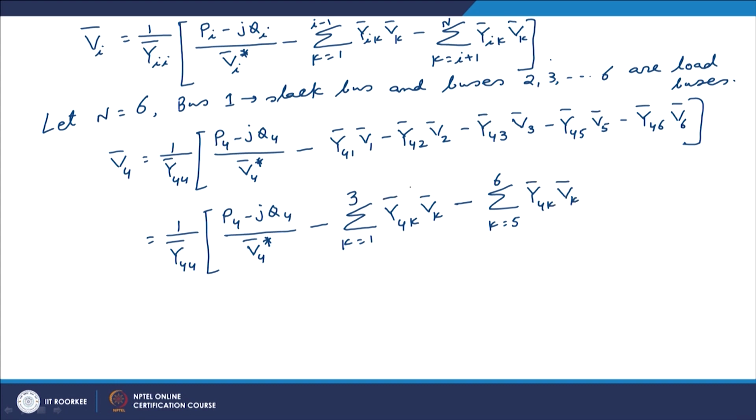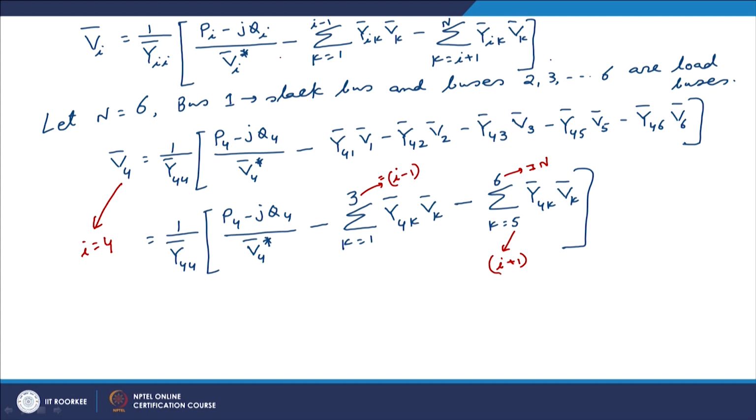All these are complex. Here i is equal to 4, this 3 is i minus 1, this 5 is i plus 1, and this 6 is equal to n.